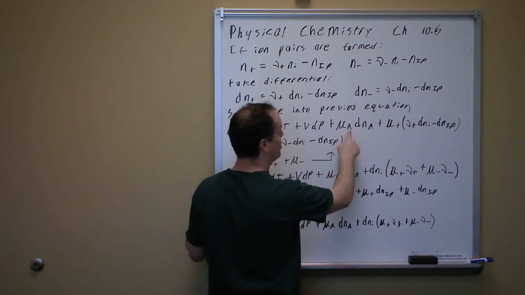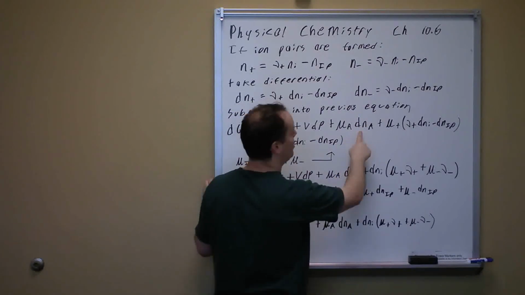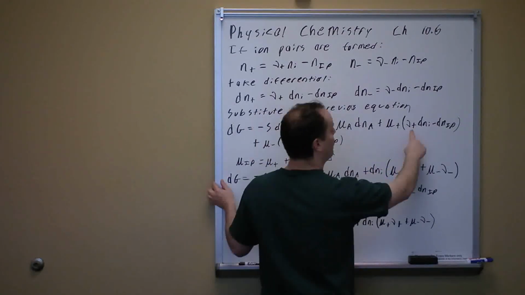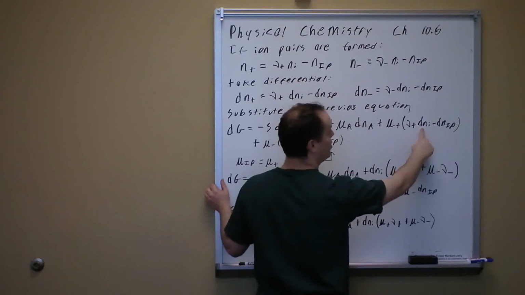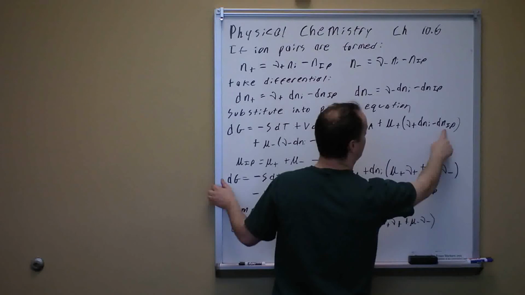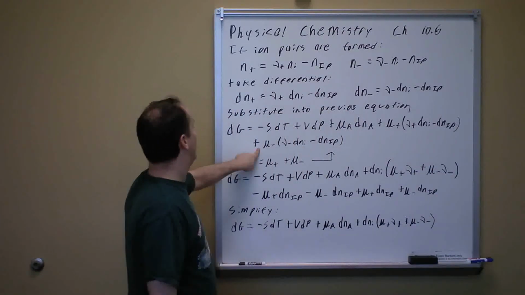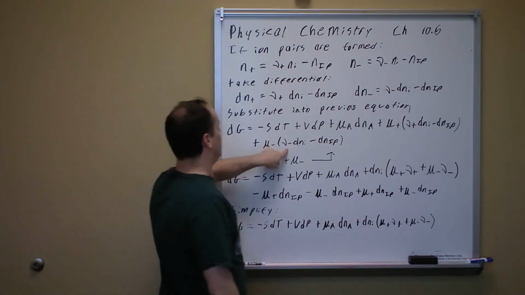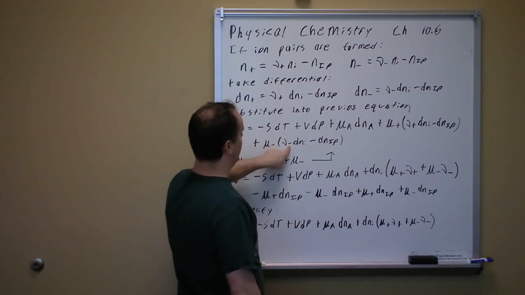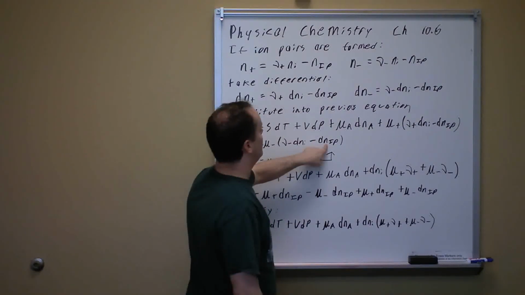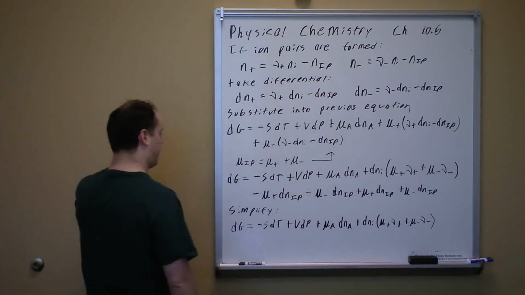Now we have the chemical potential of the solvent times the differential of the number of moles of the solvent. And then the chemical potential of the cation times the stoichiometric coefficient of the cation times the differential of the number of moles of the electrolyte minus the differential of the number of moles of the ion pairs, and then plus the chemical potential of the anion times the stoichiometric coefficient of the anion times the differential of the number of moles of the electrolyte minus the differential of the number of moles of ion pairs.